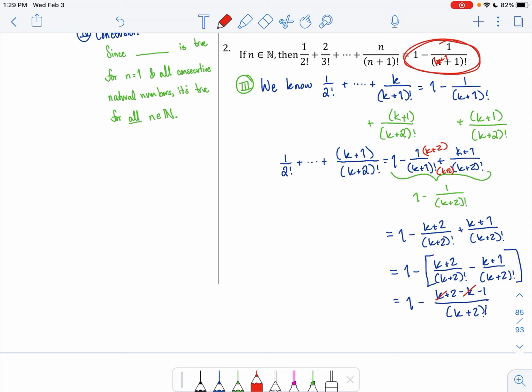We've got our like terms canceling out, and these do simplify, so we end up with 1 minus 1 over k plus 2 factorial. So that's the entirety of step 3 with the factorial. We can then state our conclusion that since this is true for n equals 1 and all consecutive numbers, it is true for all natural numbers.